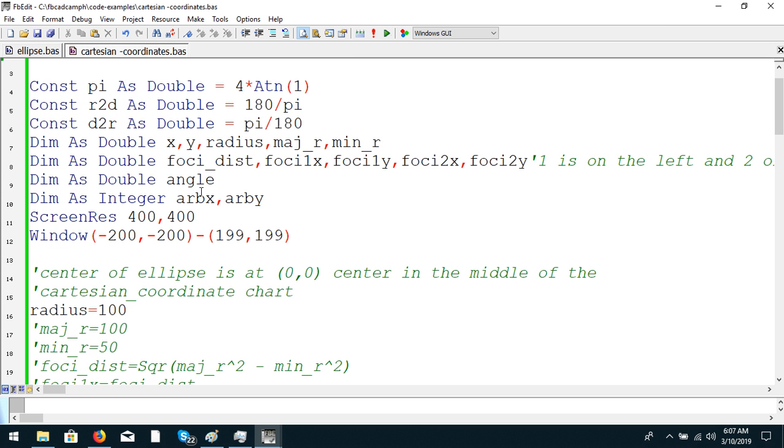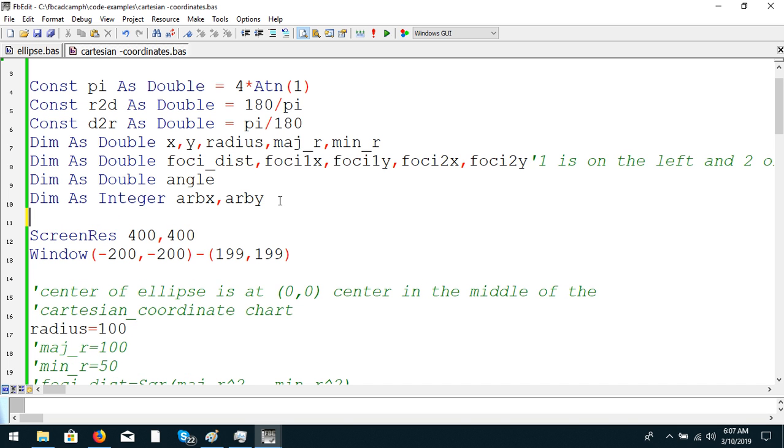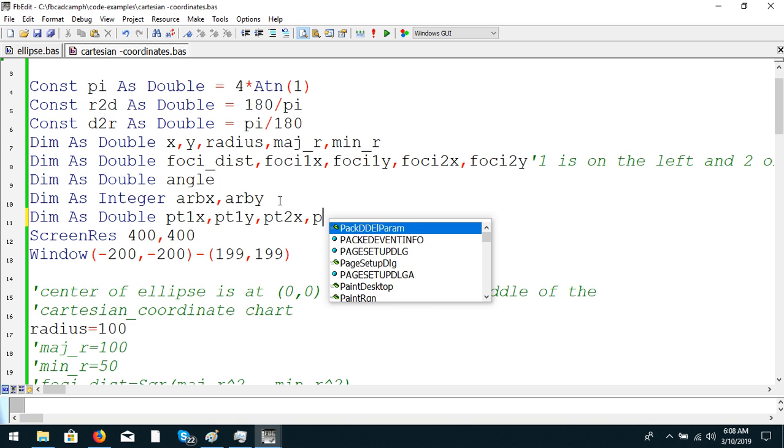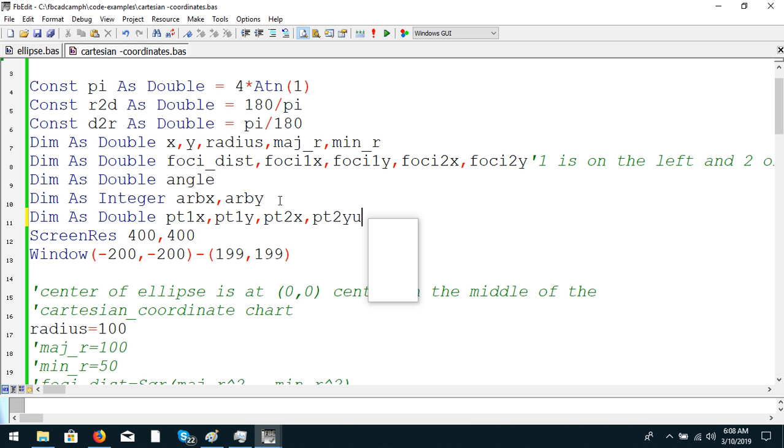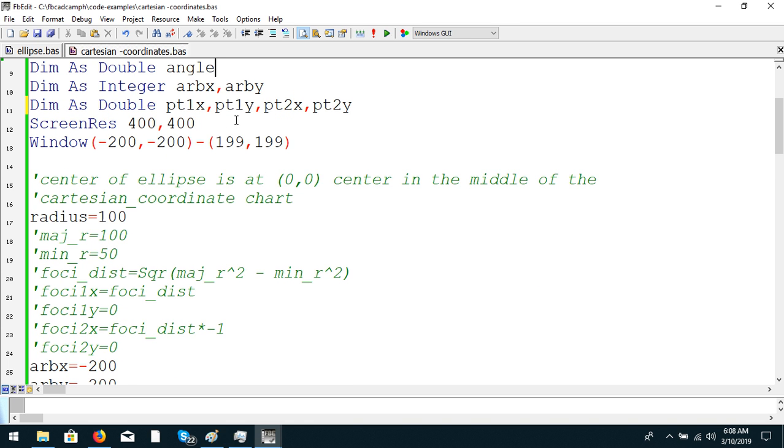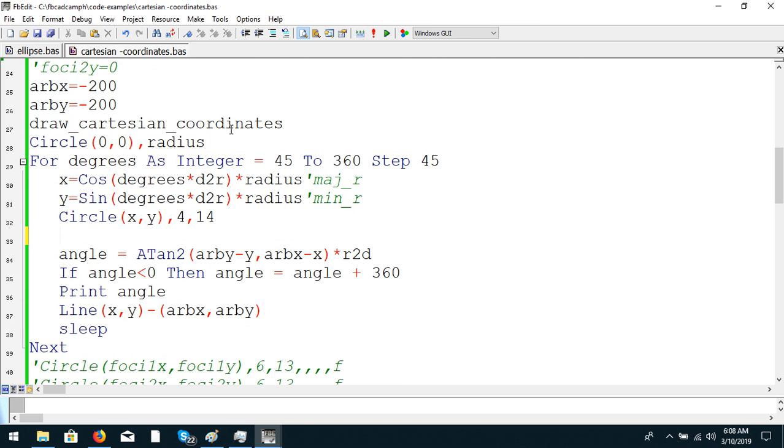Dim as double p1x, p1y, p2x, p2y. Okay, so our arbitrary point, and we have 2 points.